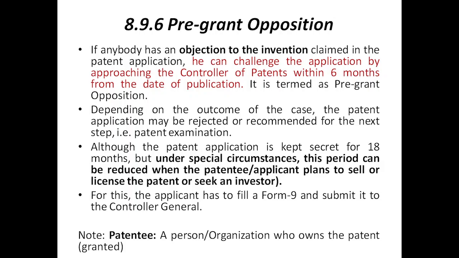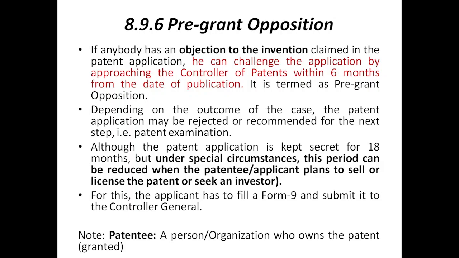Next, depending on the outcome of the case, the patent application may be rejected or recommended for the next step. Imagine somebody goes for pre-grant opposition. The controller of patents will look into the matter and ask the challenger for proper evidence.